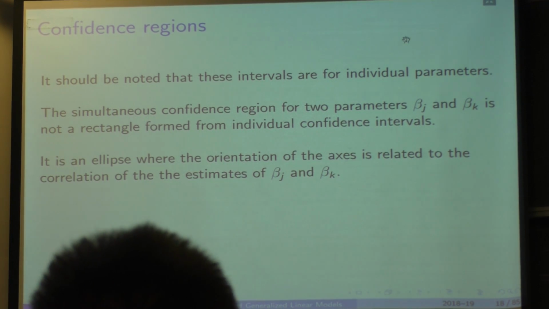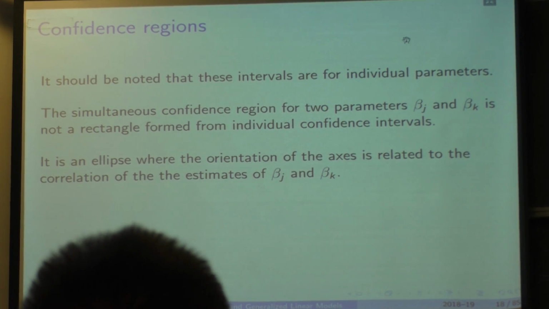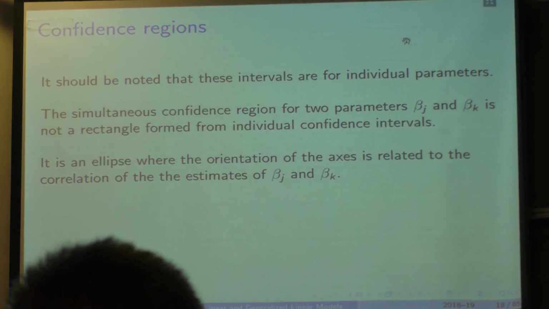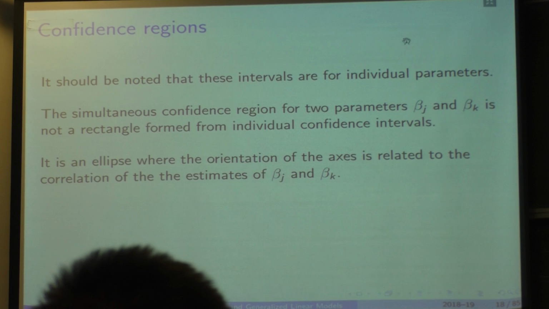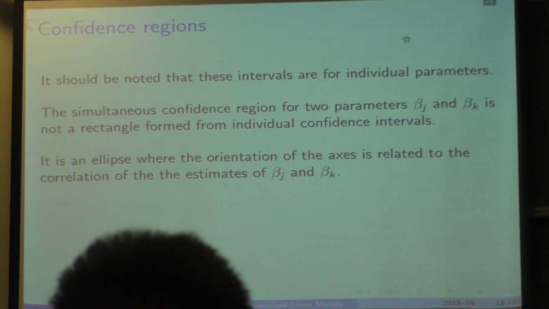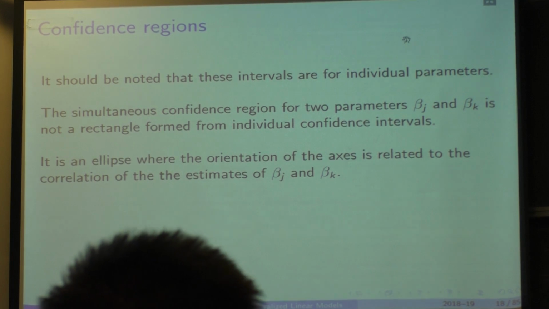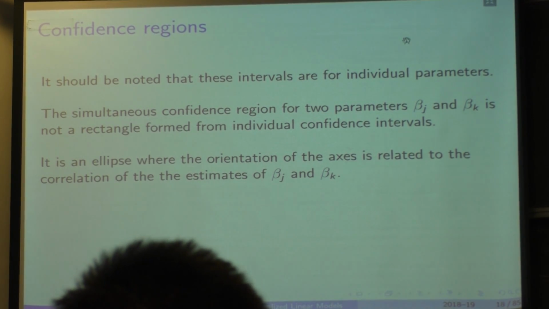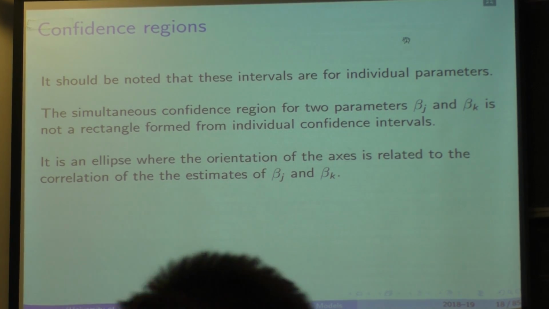So that means that in fact, the confidence region of the two parameters together doesn't look like that. It's actually an ellipse. And the way the ellipse looks in the plane is related to that correlation between the estimates of the two. Okay?